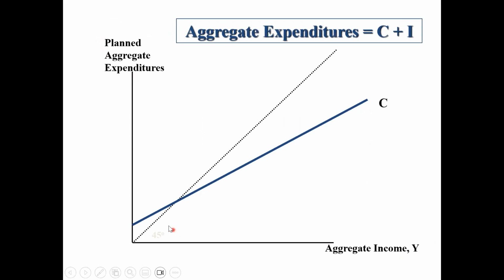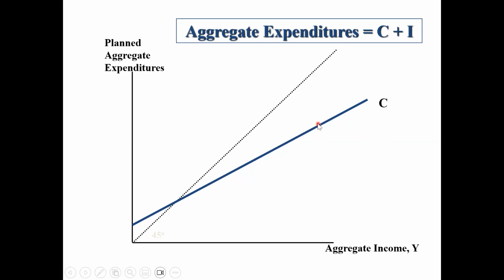As we know, in the last section, we had a 45-degree line which represented income, and the consumption function started from above zero because we have autonomous consumption. Here we will increase the expenditure by investment, and we have a fixed amount of investment.